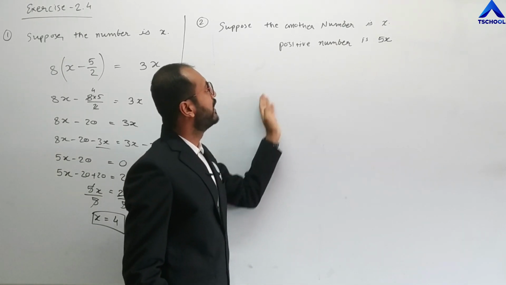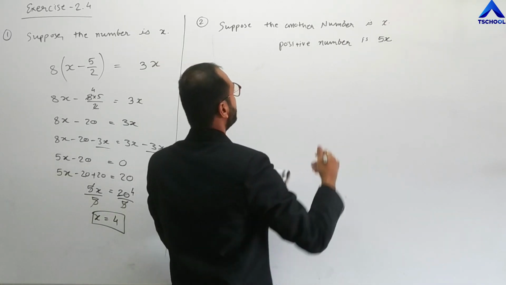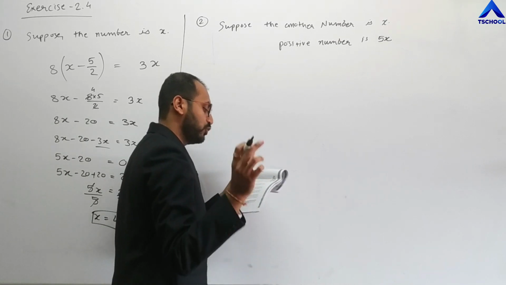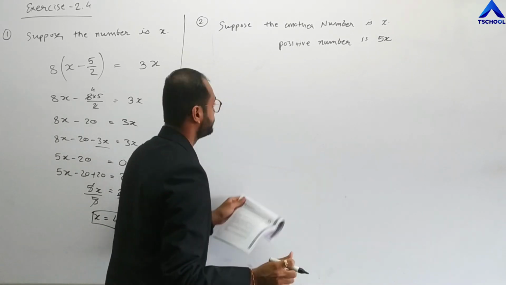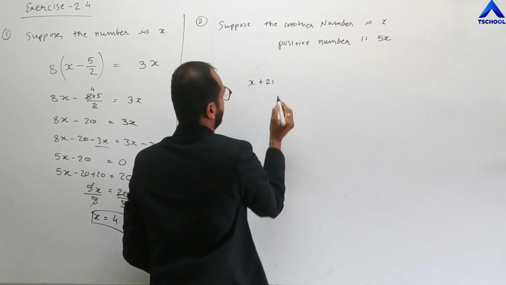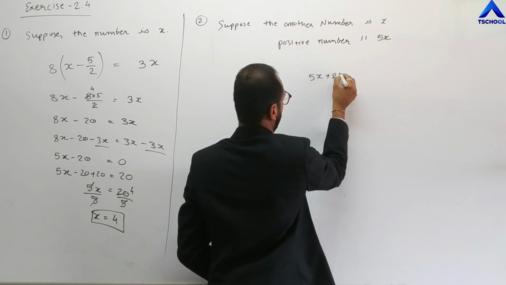Now if 21 is added to both the numbers, let me add 21 here, x plus 21, and here is 5x, so 5x plus 21.